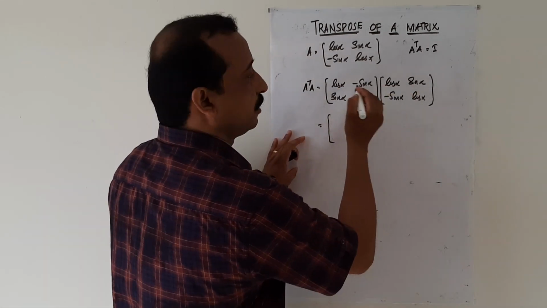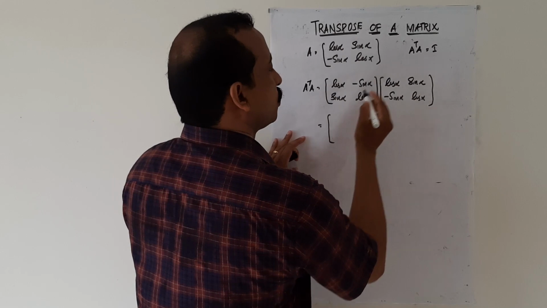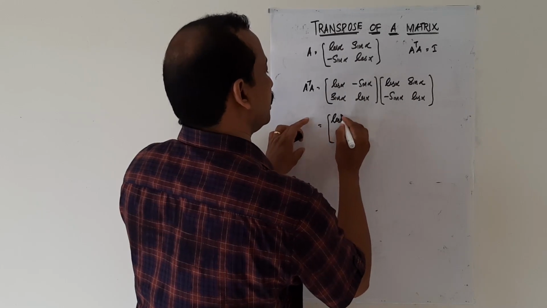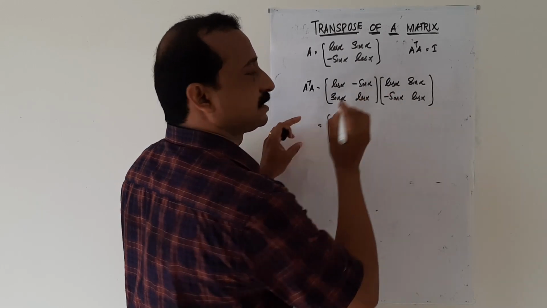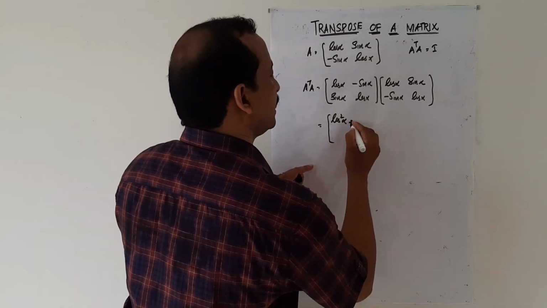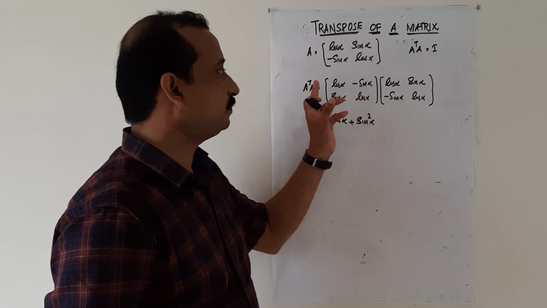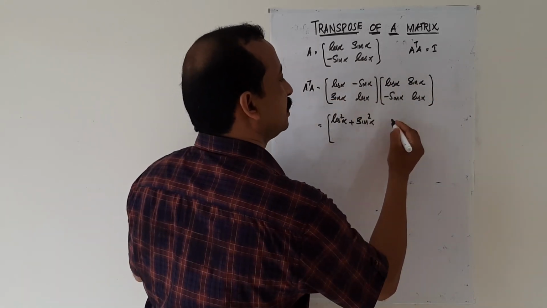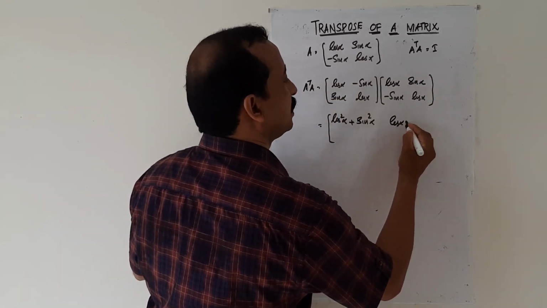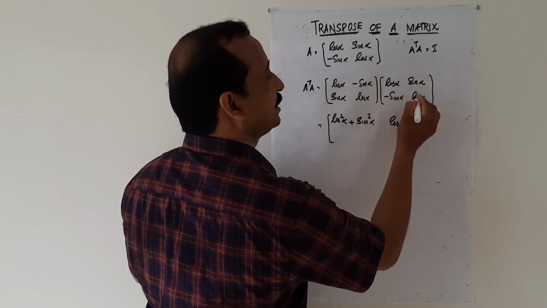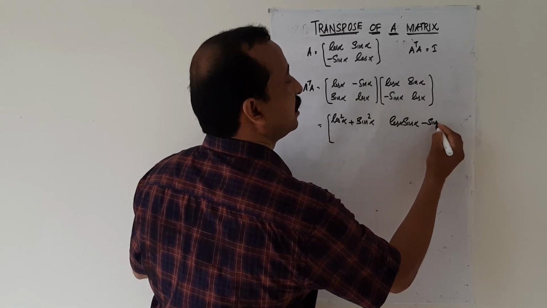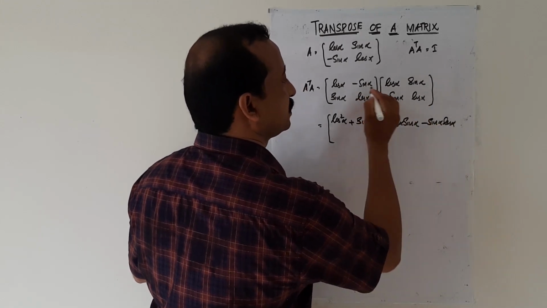First row, first column, corresponding elements multiplied: cos square alpha, minus sin alpha into minus sin alpha, minus into minus is plus, plus sin square alpha. First row, second column: cos alpha into sin alpha, minus sin alpha into cos alpha.